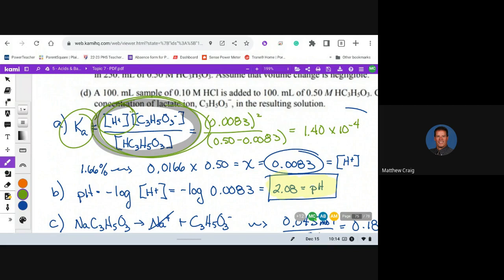When would you have to show the Ka? If you have any hydroxide left over, or when you don't have both of these things. But we do.